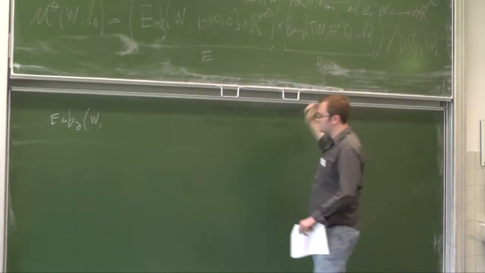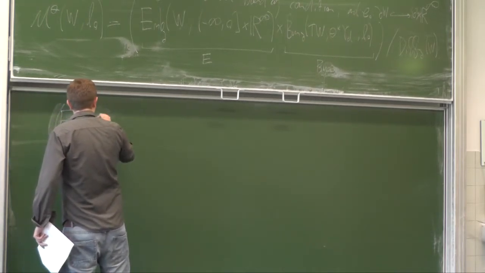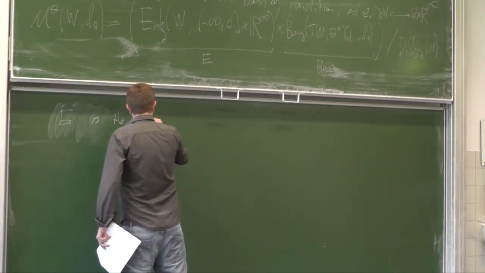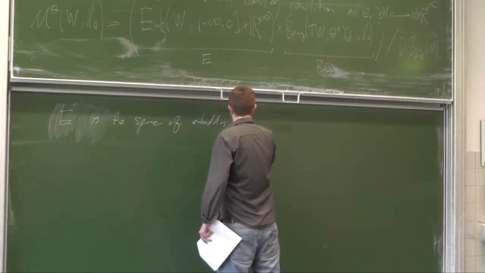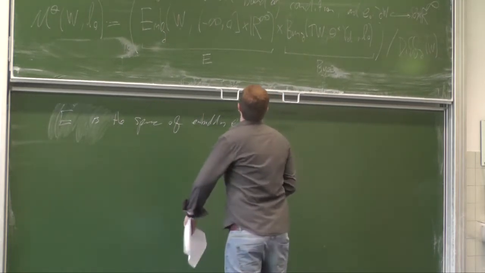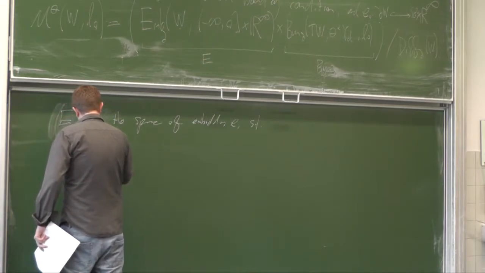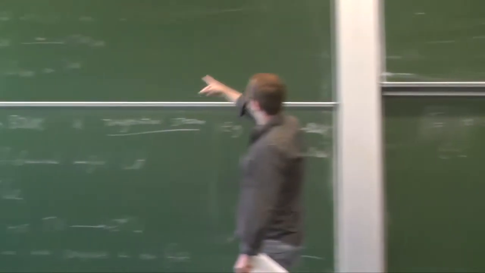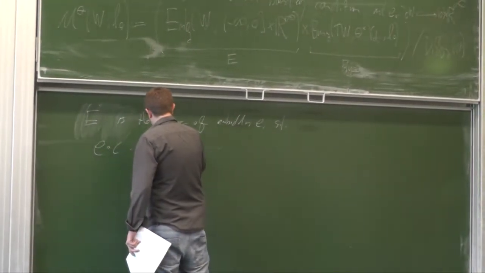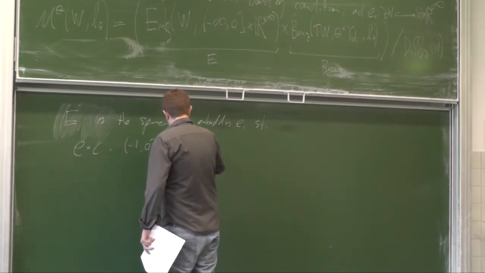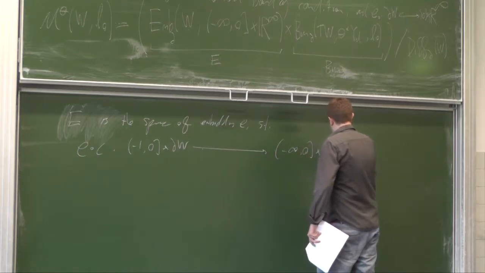So E is the space of embeddings such that if I do the embedding on this collar, I've chosen a collar of W. So that's a map from (-1, 0] times the boundary of W to (-infinity, 0] times infinite dimensional space.